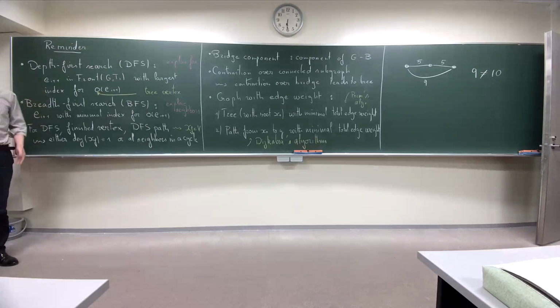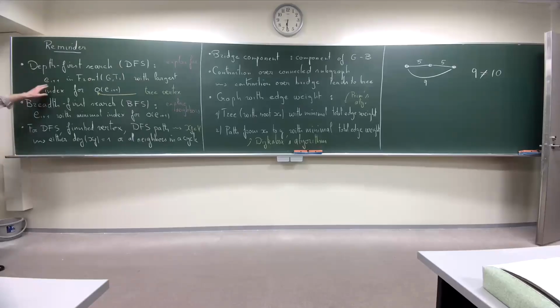And there are different ways to do it. I introduced two algorithms based on a certain algorithm I introduced before. The difference between these two algorithms is the way you choose the next edge for your tree. One is called the breadth first search.